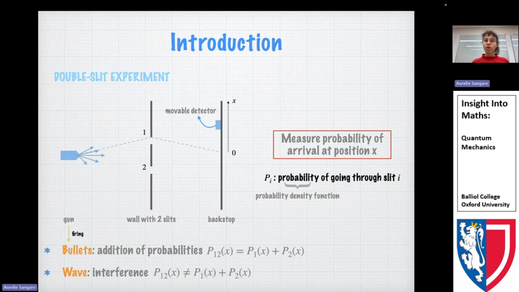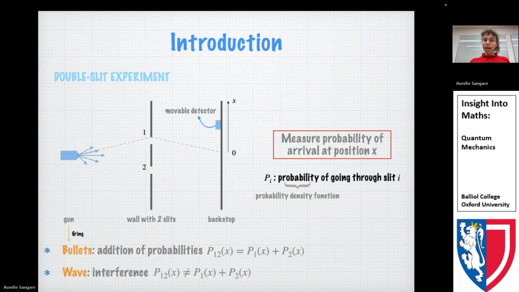So a probability density function is just a function that depends on some argument, and when you evaluate it at the argument, then you get a probability. So essentially it's a function, and when you apply that function, then you get a probability.